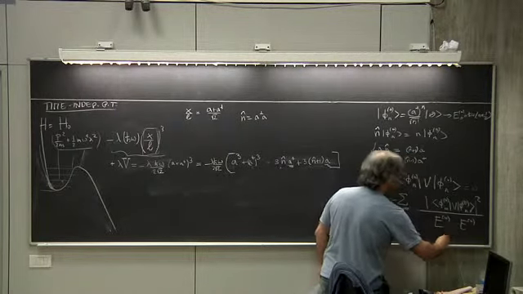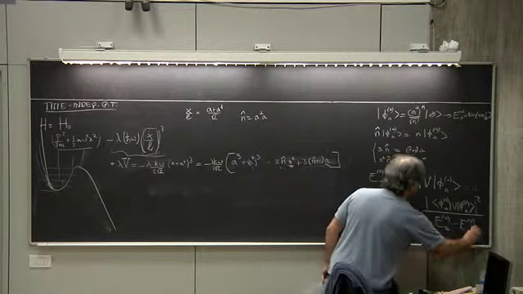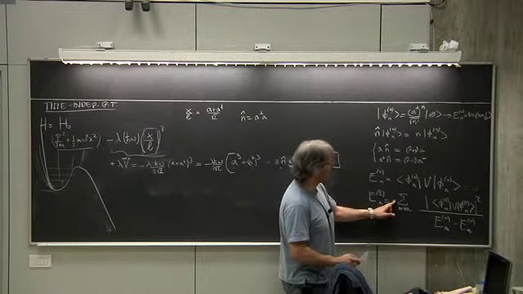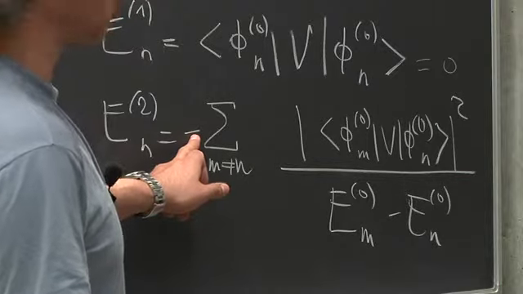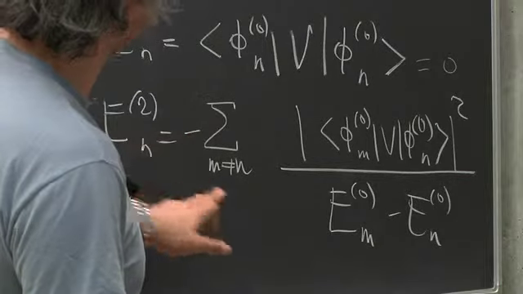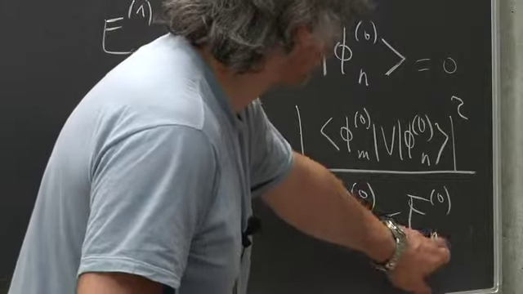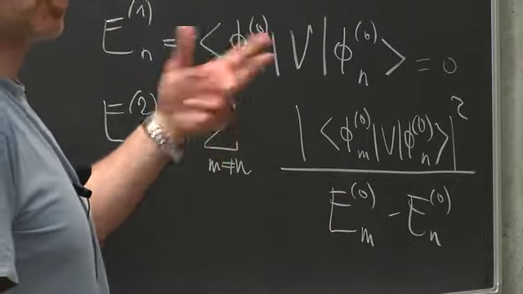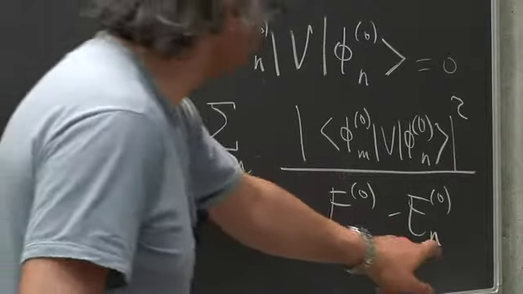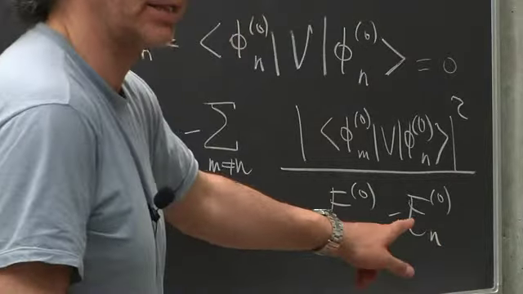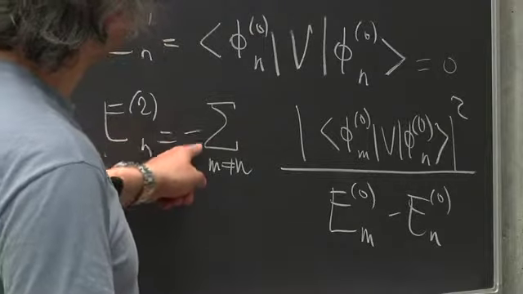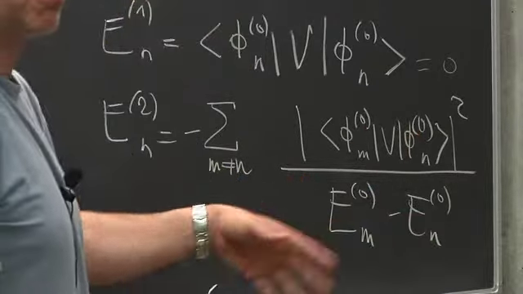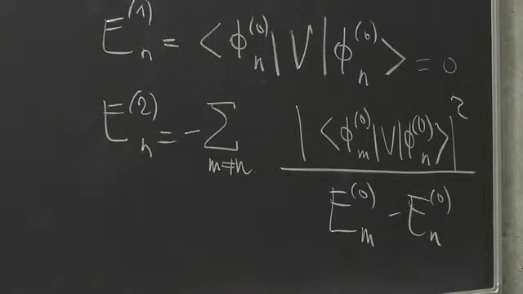Now there is m and n. Let me first put it and then we check. Okay, I remember that with this minus sign, the ground state always goes down. For instance, if this is the ground state, all the m are greater than n, so this is positive, so they go down. Okay? So this is my mnemonic way to check that the m and n here are correct. Sometimes you find it written with a plus and n and m inverted. The same thing, okay? But this is easy for me to remember, okay?